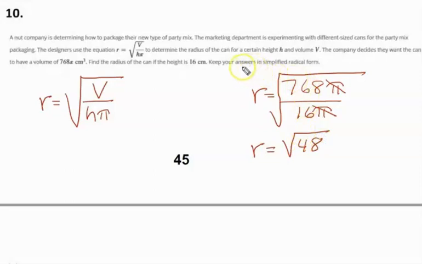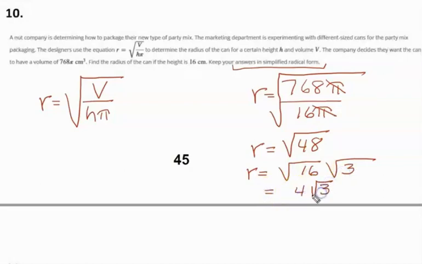But they want that answer in simplified radical form. So I'll let you folks have a chance to work on that since you haven't had that many opportunities, and let's see what you get. So this is 16 times 3, which will be 4 square root of 3. That is what the radius would be for this can.